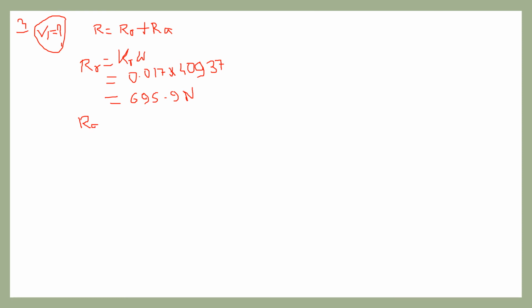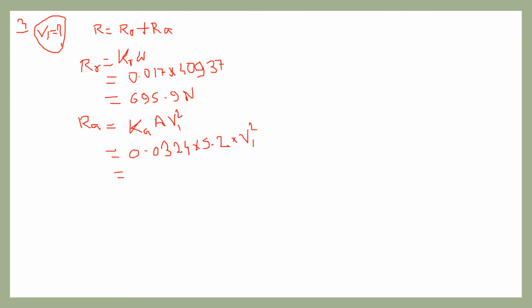And the value of R_A is K_A into A into V1 square. Here the value of K_A is given, that is 0.0324, and A is given, that is 5.2 meter square. V1 is not given, and we have to find this out.